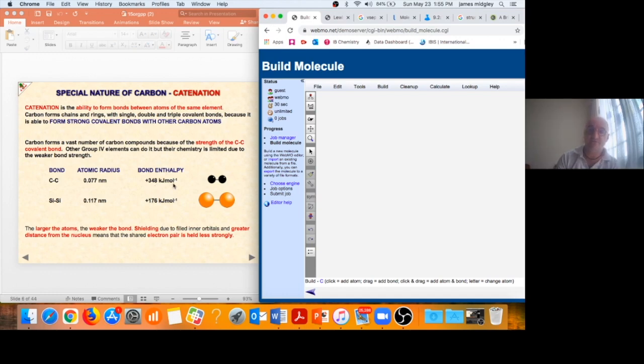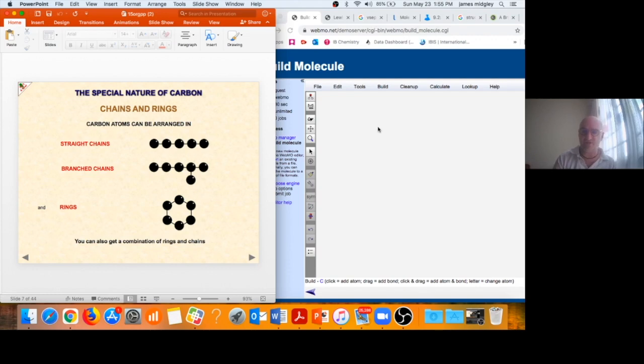Carbon-carbon is plus 348 kilojoules per mole, so it costs me 348 kilojoules per mole to break that carbon-carbon bond. But to break the silicon-silicon bond, it's less than half. Yeah, so it's less than half as much to break a silicon-silicon bond. So carbon compounds are really quite stable, which is why oil comes out of the ground as a stable compound.